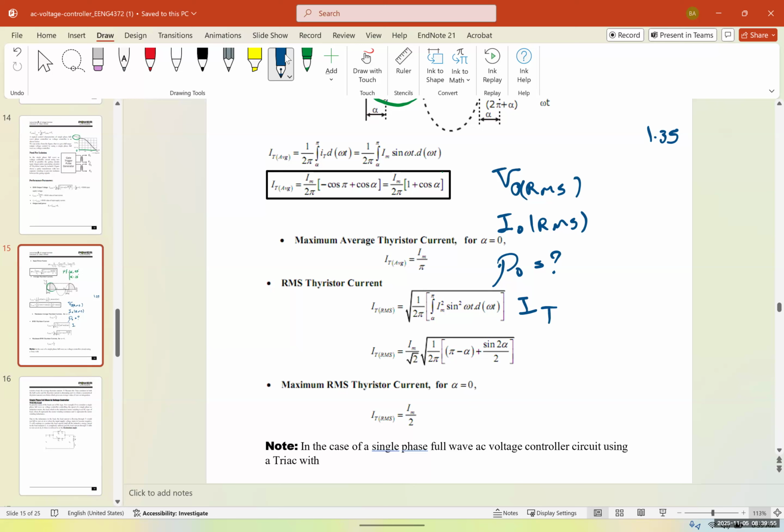Also I thyristor RMS and I thyristor average.